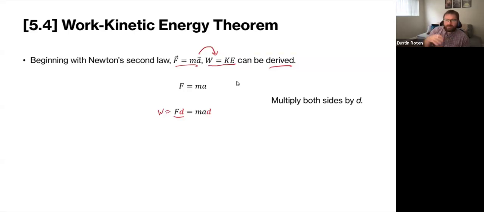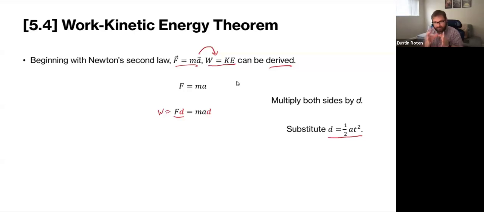All right, but now we need to do something more with this m times a times d. Well, you'll remember from way back when we were talking about projectile motion and things being dropped, if they're dropped under acceleration, right, acceleration due to gravity, we know that we can calculate that distance by 1/2 at squared.